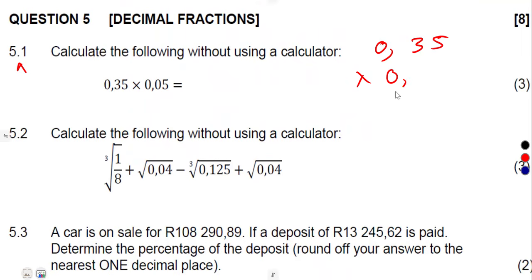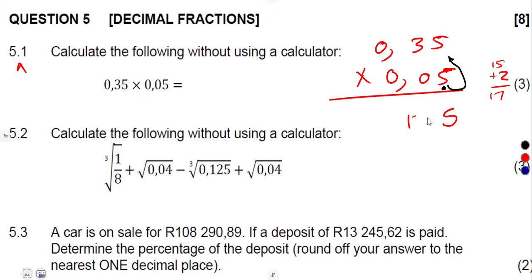0.35 times 0.05. We can ignore these decimals. Just focus on the whole numbers that we see, which is 5. So 5 multiplied by 5 is what? 25. 5 times 3 is 15. Then we add 2. 15 plus 2 is 17. All right, we do not have any other number, so we just write 17.